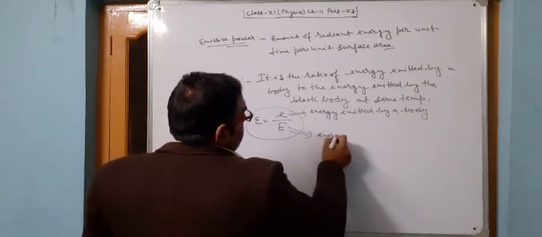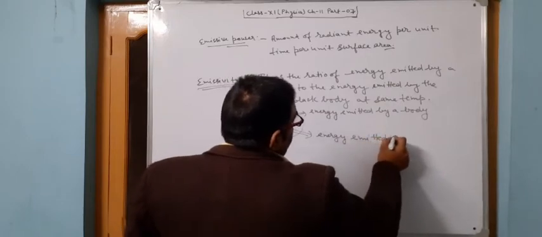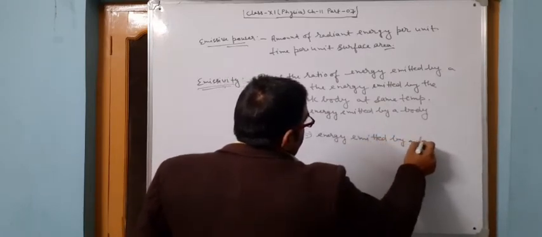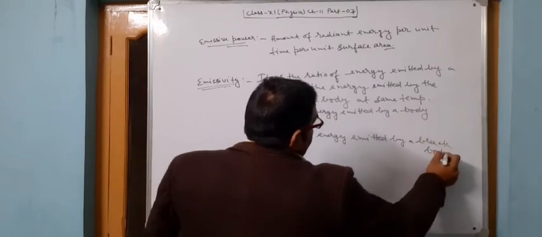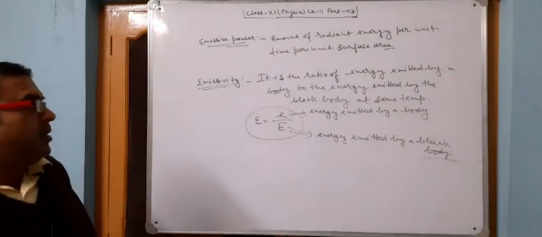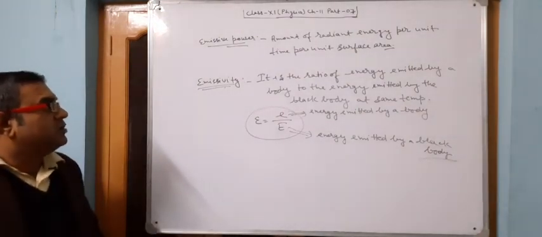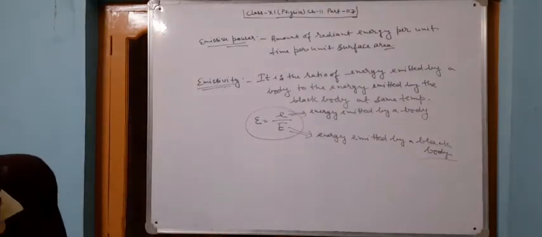Energy emitted by a black body. So this ratio is called as emissivity.